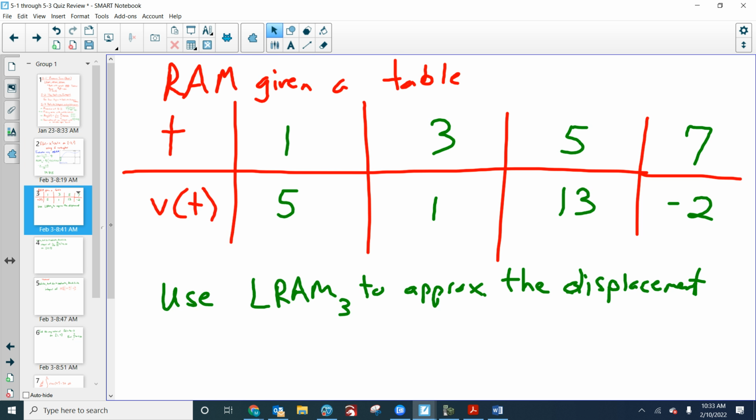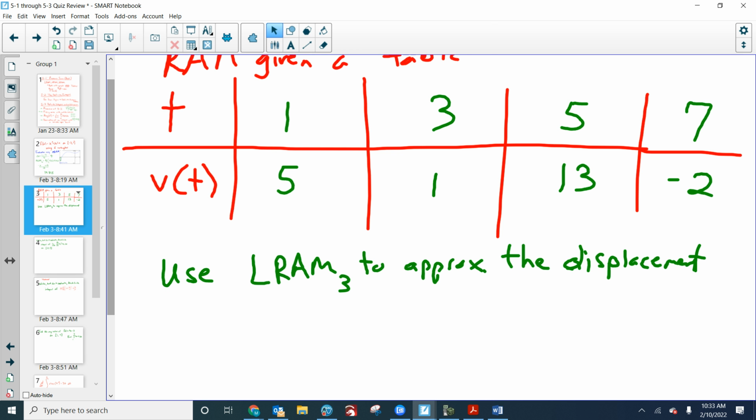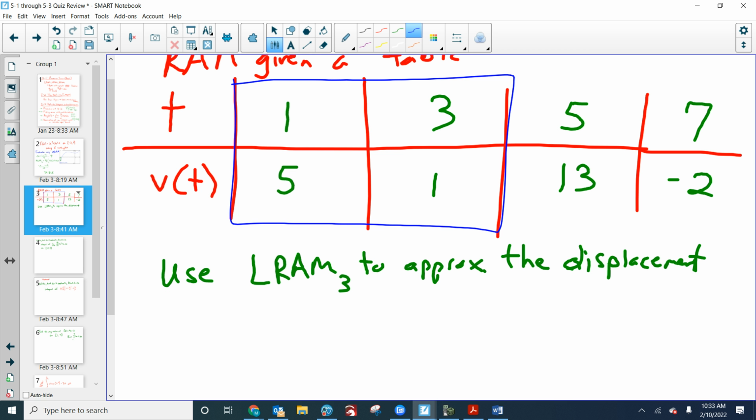All right, table. 3 rectangles. Doesn't my first rectangle stretch from 1 to 3? Base of 2. Height of 5. Ready? Here's your interval. 1, 3. Use the height at 1.